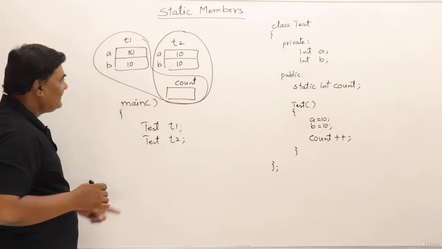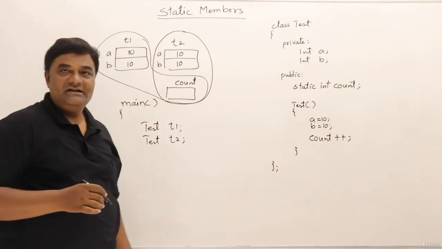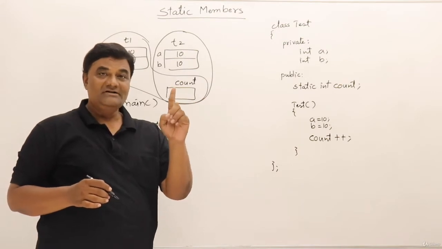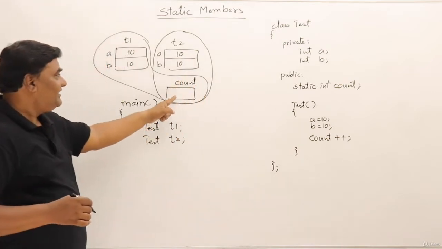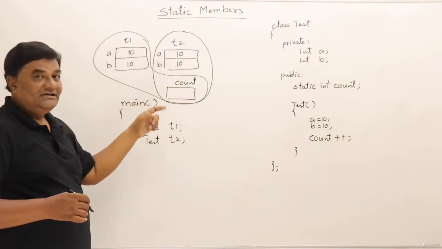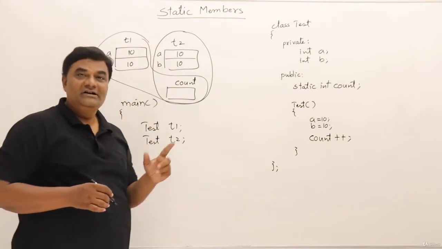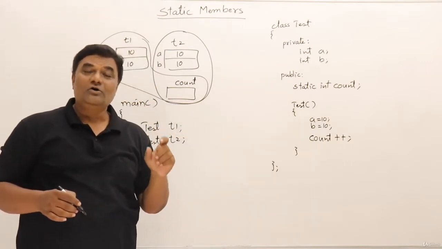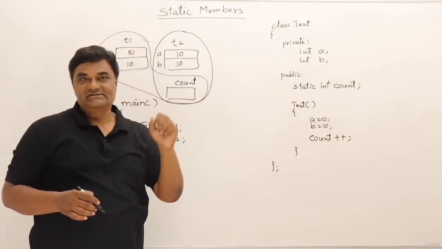So how many times is the count variable allocated memory? Only one time memory is allocated, and that is shared by both objects T1 and T2. Both of them will use the same count.